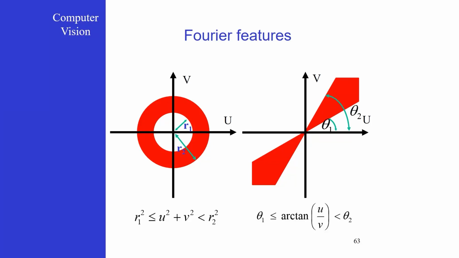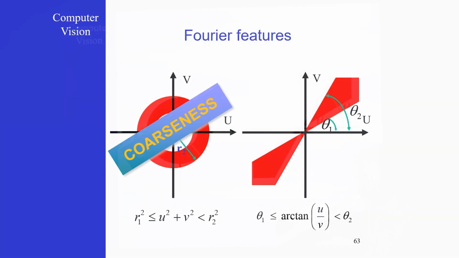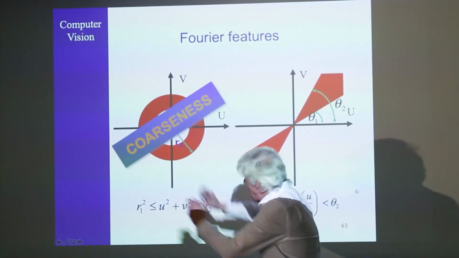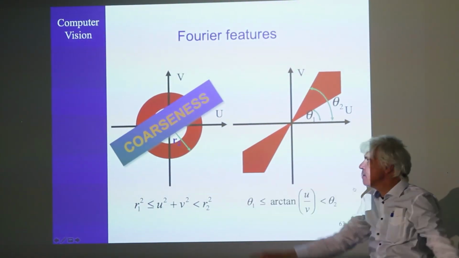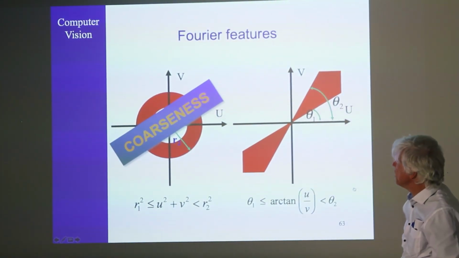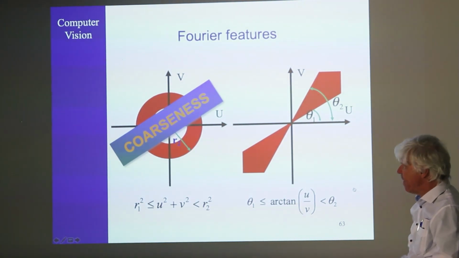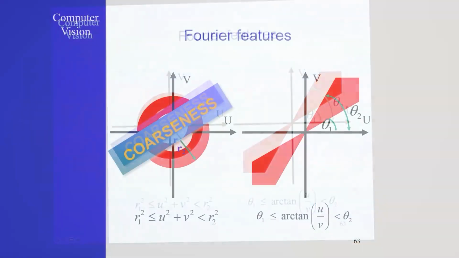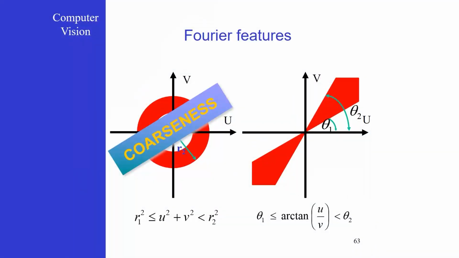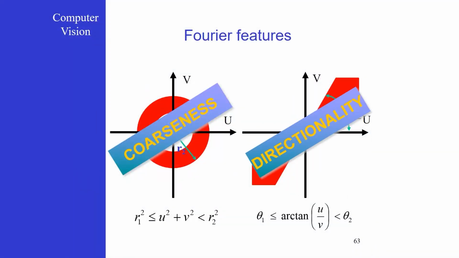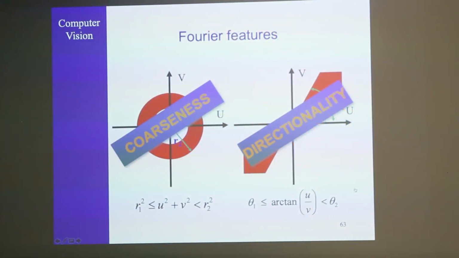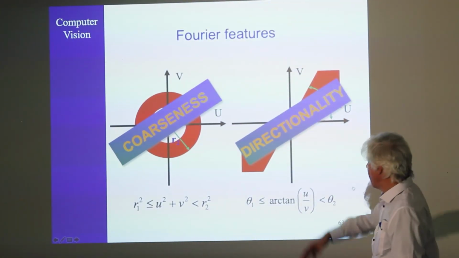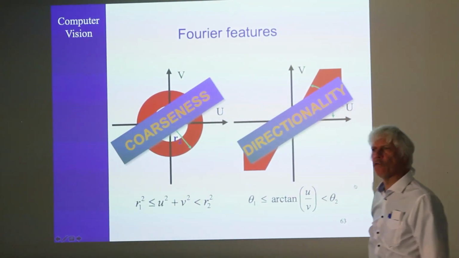Like in this case, coarseness. If the smaller rings have more energy than the wide rings, lower frequencies have more dominance over higher and you have a coarser texture. Or in this case, that will have a lot to say about the directionality, the orientedness of our texture. If there's a certain dominant orientation, that wedge will have a lot of energy.